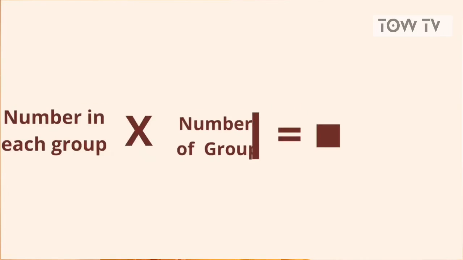Second, our X sign. Third, the number of groups equals our answer. Now I'm going to represent it on my screen. Now look at my screen. You see that we have the number in each group multiplied by the number of groups equals our answer.